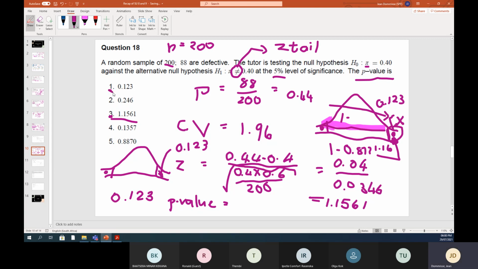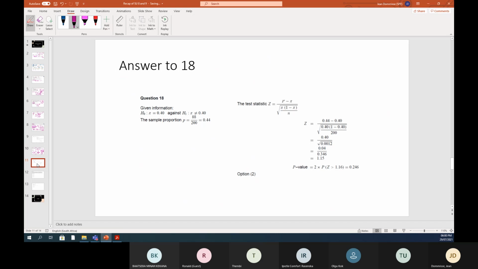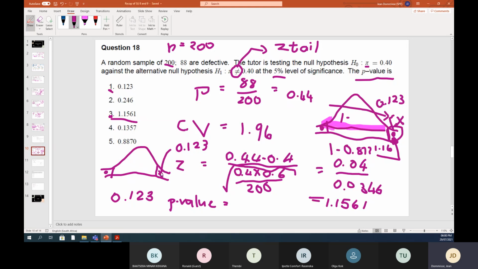So will it be that answer? Okay, so the important thing is that it is that part, but because it's two-tail, I need to put that part with it.